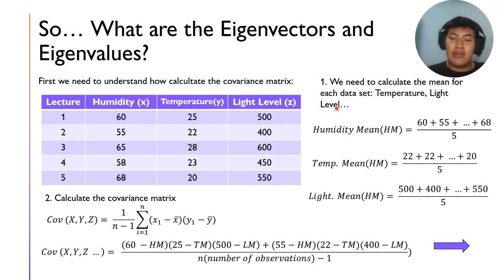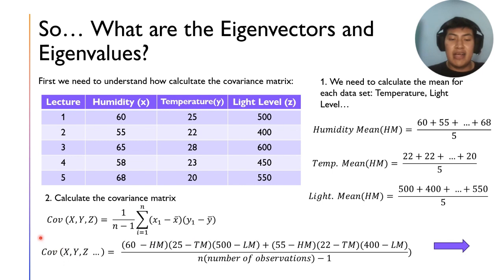We need to calculate the mean for the humidity, the mean for the temperature, and the light. Here are some examples of how to calculate the mean for each one. And then we need to calculate the covariance matrix. To calculate the covariance matrix, we need to use this equation.